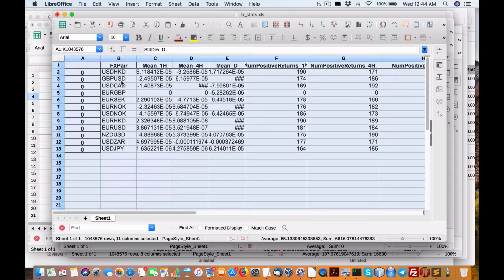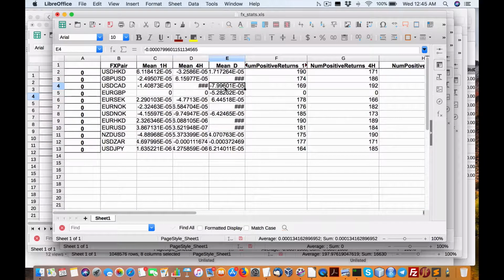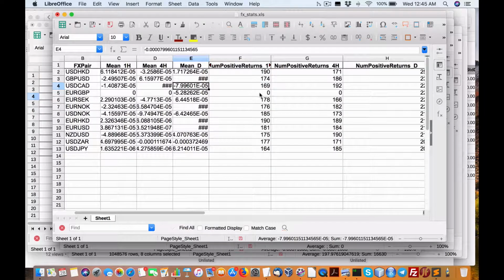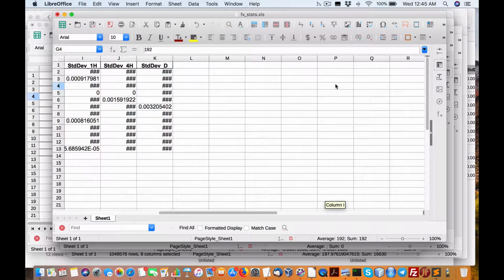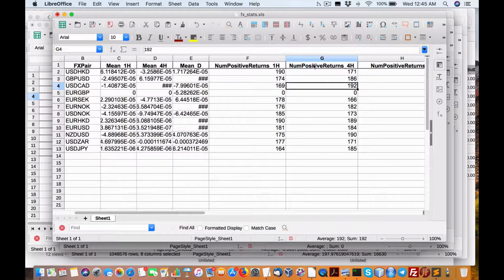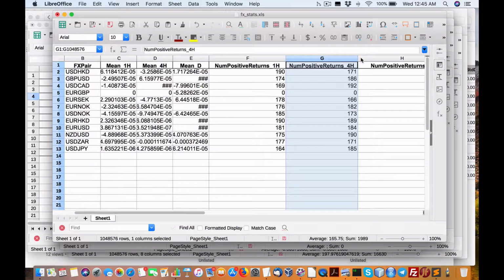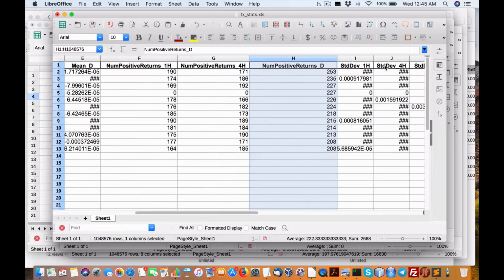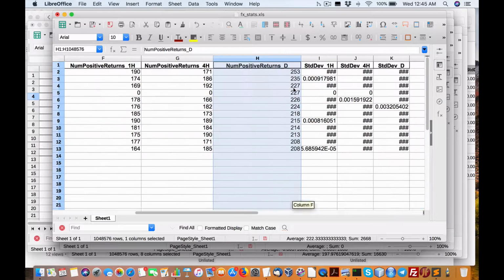What do we have on top? Not quite, but we do have the USD Canadian in the top 3. Number of positive returns long term is here on the right, which is number 3 according to this column.